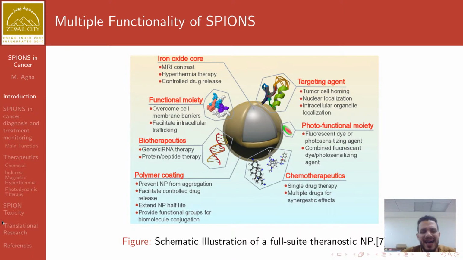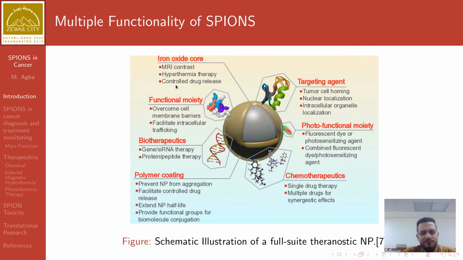So we have, as we said, a treasure of functionality for the SPIONs. We have first the iron oxide core, or the magnetite, which is the MRI contrast agent. We may use it for hyperthermia therapy. We will talk about that in a minute. And we can also use it as a controlled drug release platform. We can also have a lot of functional moieties or ligands.